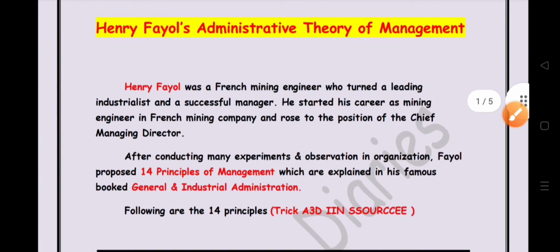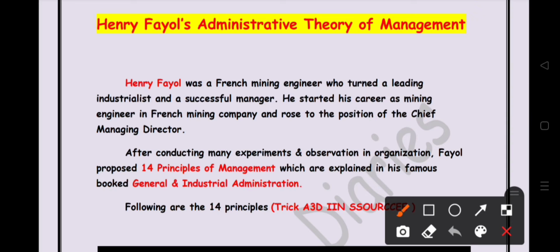First, let us have information about Henry Fayol. Henry Fayol was a French mining engineer who turned into a leading industrialist and a successful manager. He started his career as a mining engineer in a French mining company and rose to the position of chief managing director.